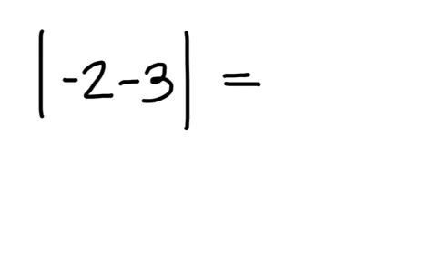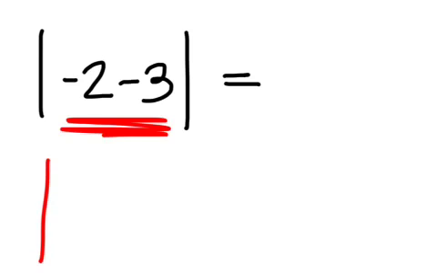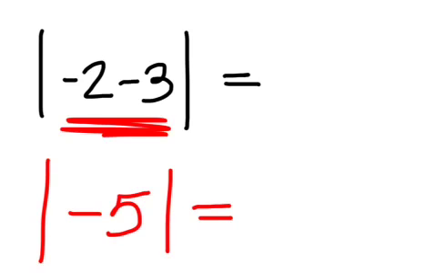What it means is I have to evaluate what this is. So negative 2 minus 3 is what? Nope. Negative 2 minus 3 is negative 5. The absolute value of negative 5 is what? Positive 5.